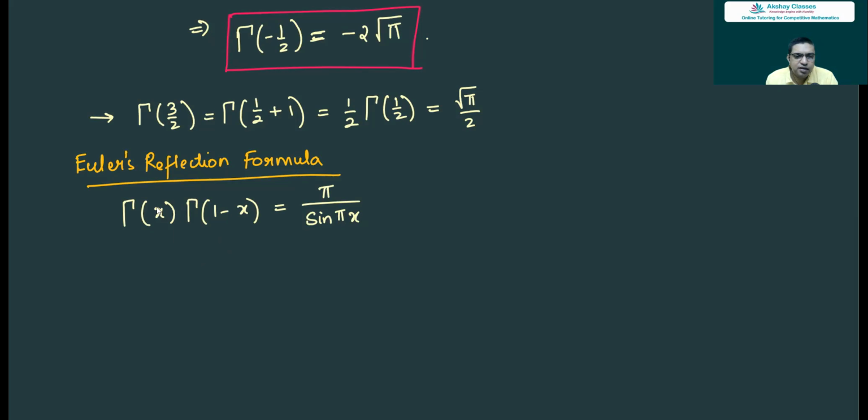So with certain manipulations, we can find gamma of 1 by 4 and gamma of 3 by 4. That's not required for us. This much knowledge is sufficient.